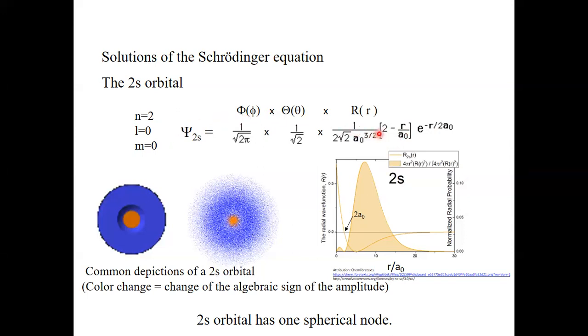Okay, so that would be the case for 2 minus r over a0 equal to 0. So we could just resolve this term for r, okay, and the result would be that r is equal to 2a0. Okay? So at 2 times the Bohr radius, we would have here a node at which the wave function associated with the orbital changes its algebraic sign.